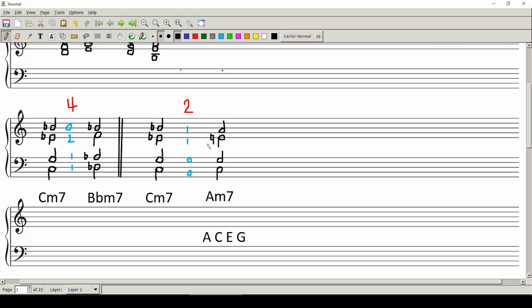So C minor going to A minor. Like that. So these chord connections that force you to go up and down at the same time really often sound kind of neat like this.